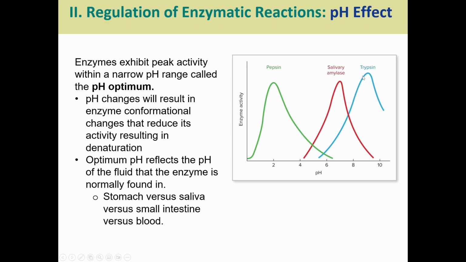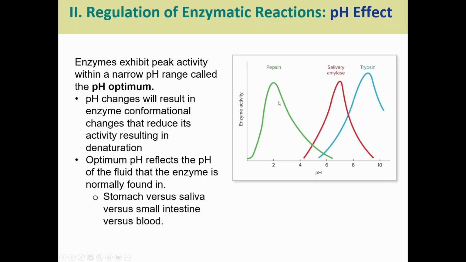Now the small intestine is going to be slightly basic. And so we see that its optimal activity is at the peak, and that's going to be at a slightly basic pH. Whereas salivary amylase is neutral, right? It's just your saliva. It's pretty neutral, very water-based. And so that one is going to peak at something neutral.